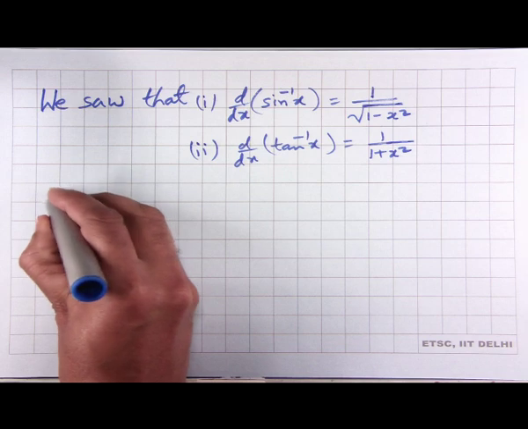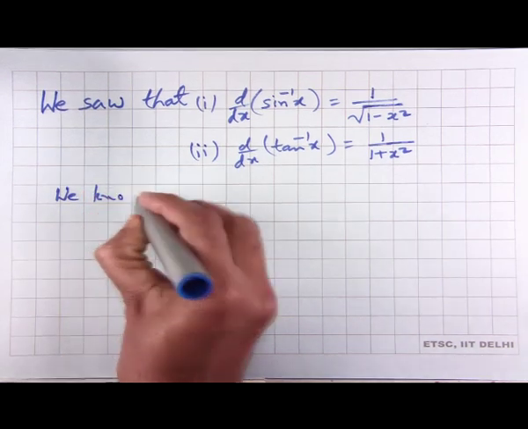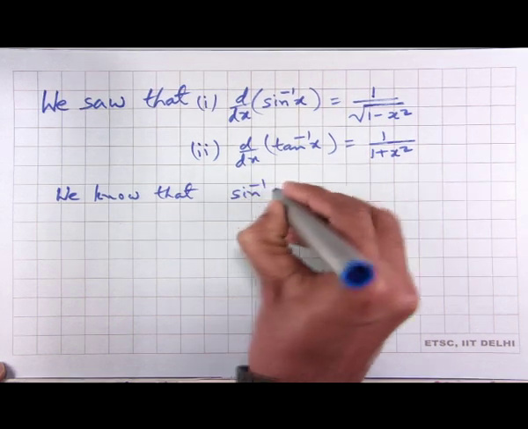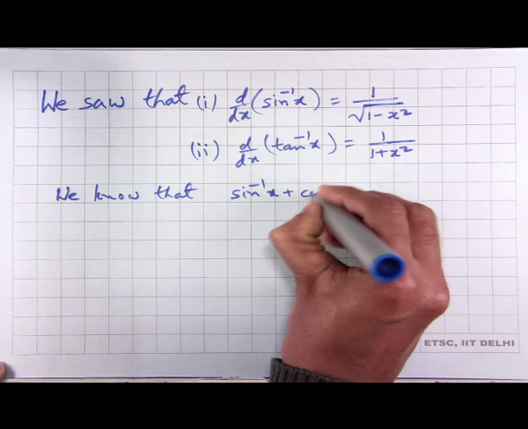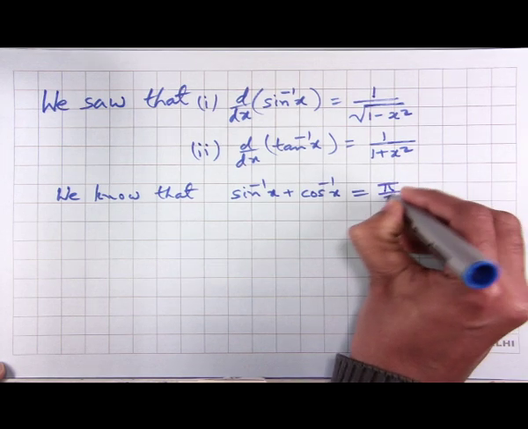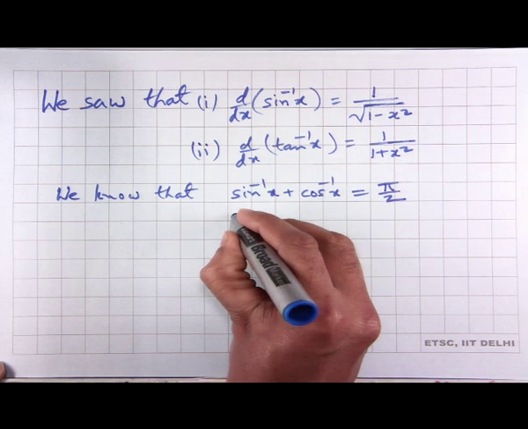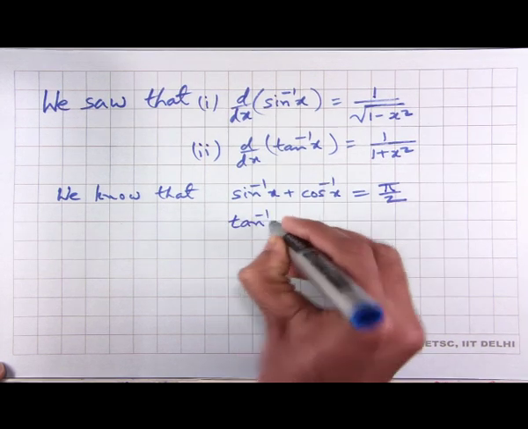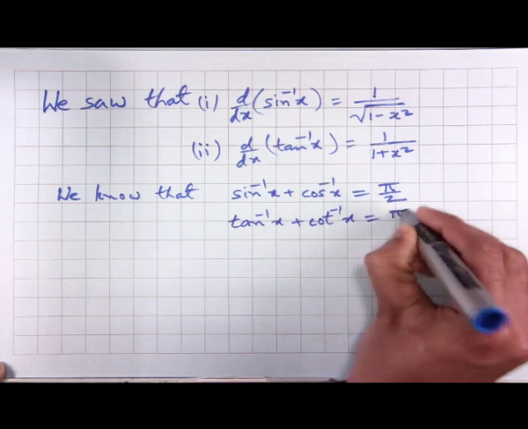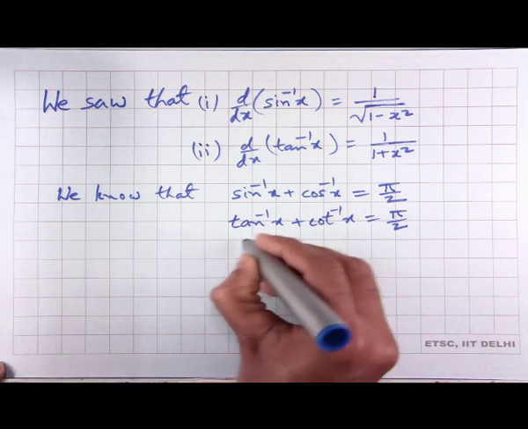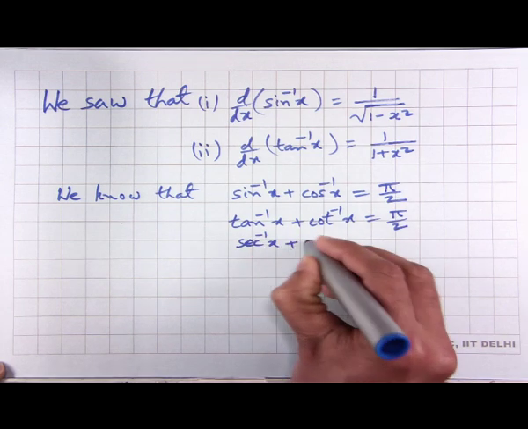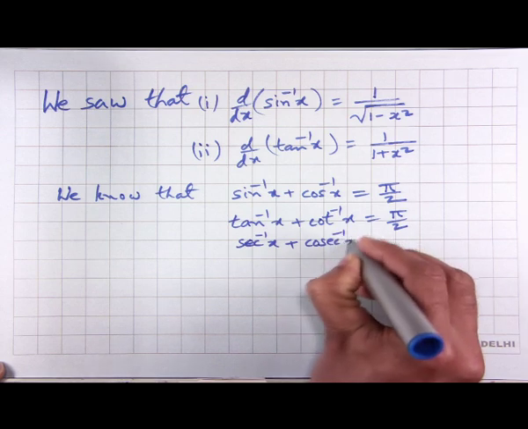So, we know that sin inverse x plus cos inverse x is equal to pi by 2, and tan inverse x plus cotangent inverse x is also pi by 2, and similarly secant inverse x plus cosecant inverse x is pi by 2.